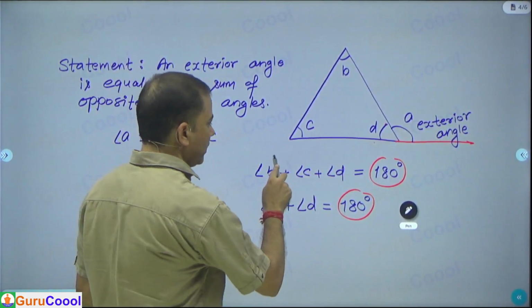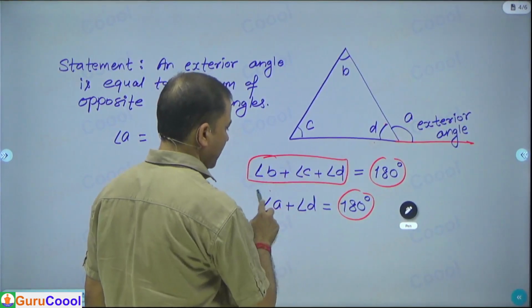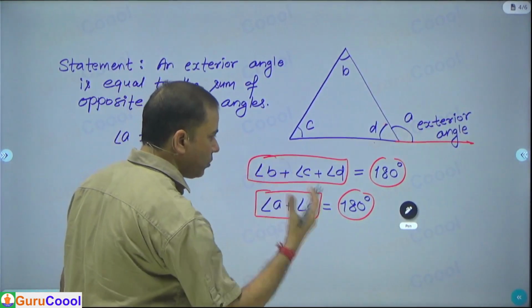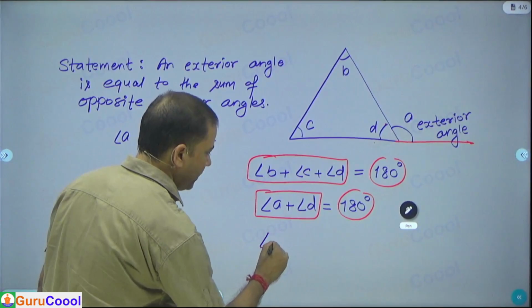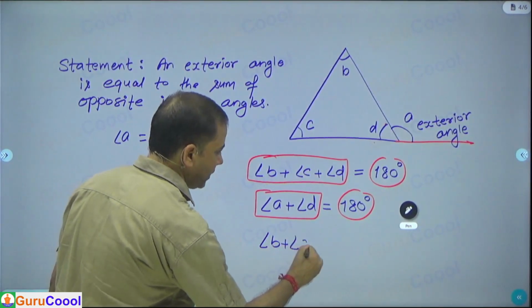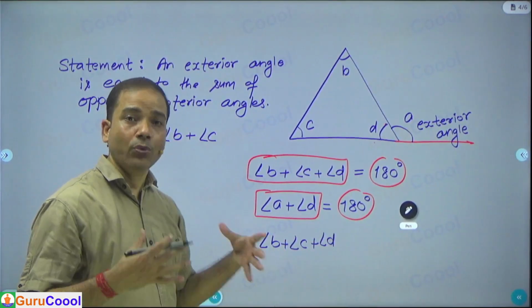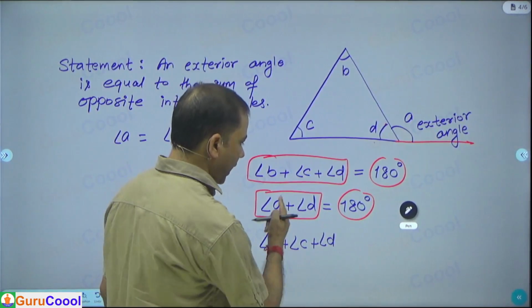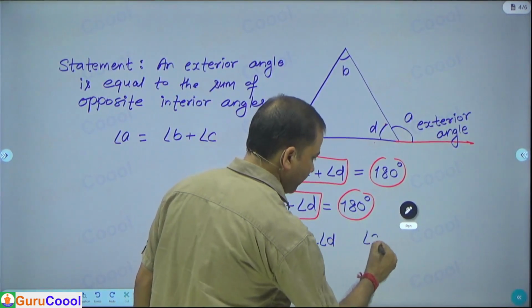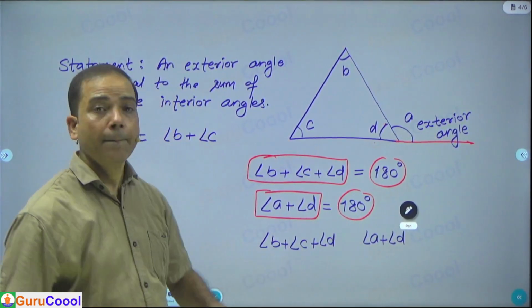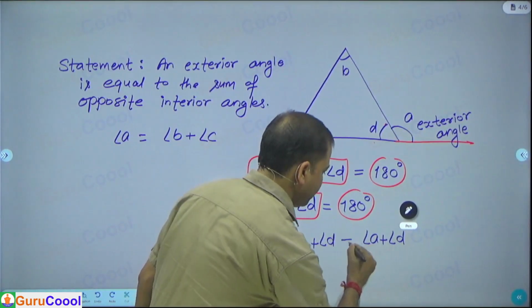That means their left hand sides should also be equal. Let us equate them. Angle B plus angle C plus angle D makes 180 degrees, and angle A and angle D also make 180 degrees. So they must be equal.